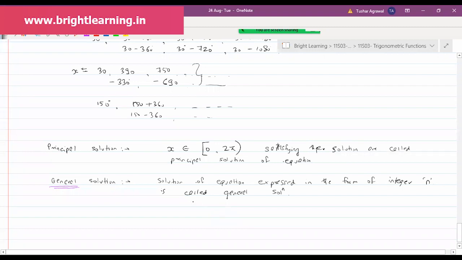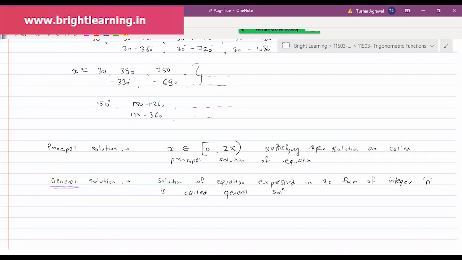Okay, so this definition is not that important, just understand the meaning. The principal solution is the smallest positive values in the first, second, third, fourth quadrants, the normal that we do. And the general solution is where you can rotate anyhow you like: add 360 degrees, add 720 degrees, subtract 360, subtract 720. You land at the same place.